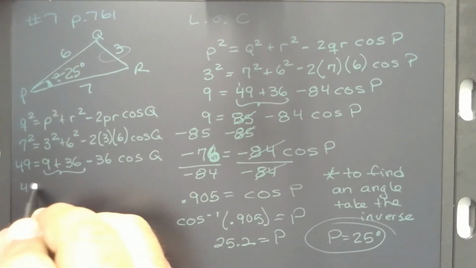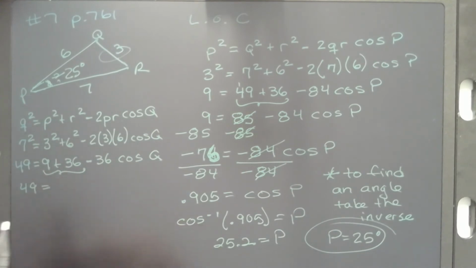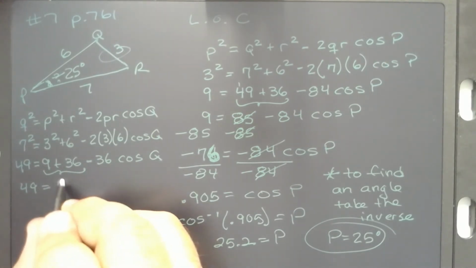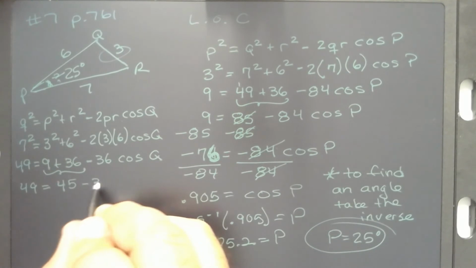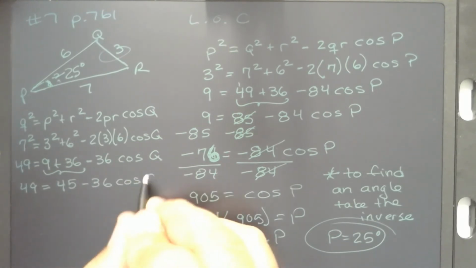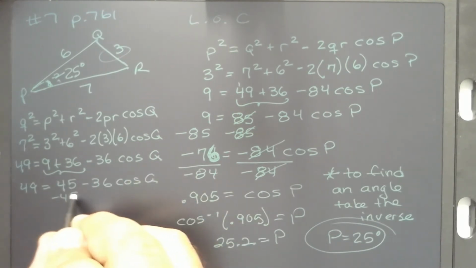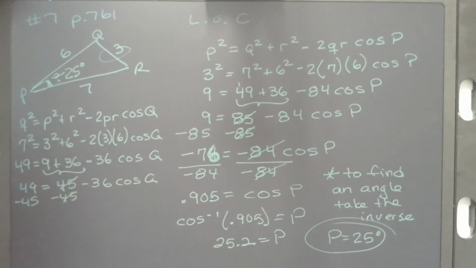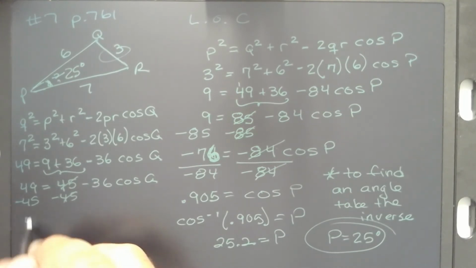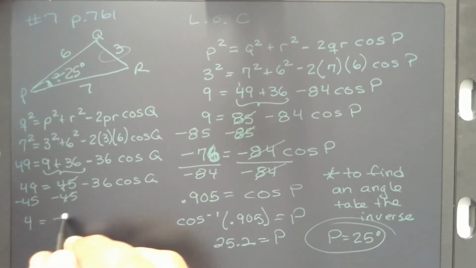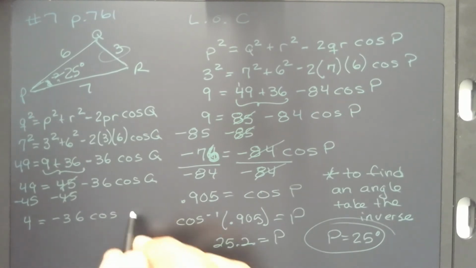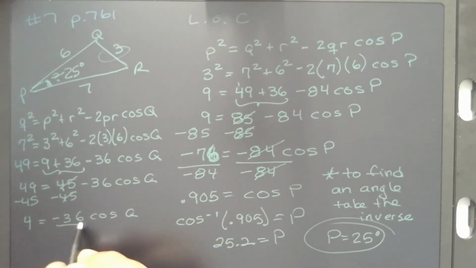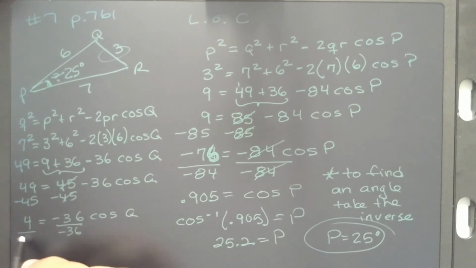This will be 49 is equal to, what's 9 plus 36? 45 minus 36 cosine Q. Subtract 45. That cancels out. This is 4 is equal to negative 36 cosine Q, divided by negative 36. And then finally we take the inverse of that.